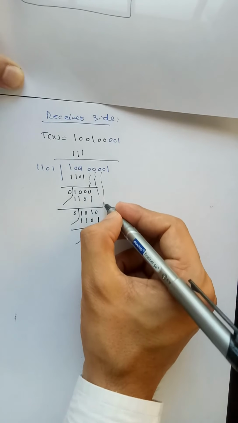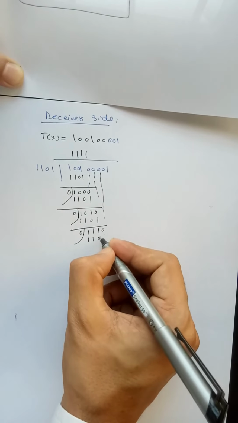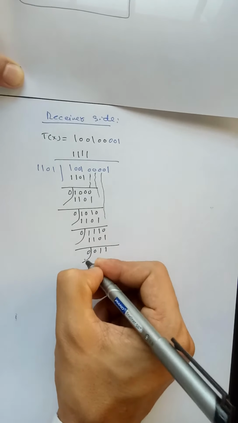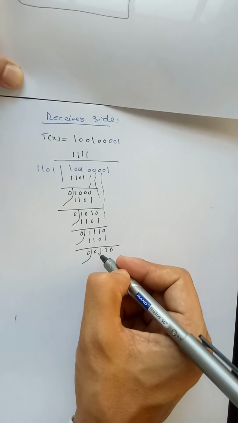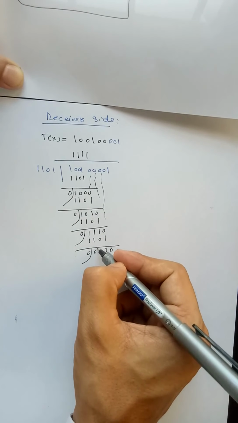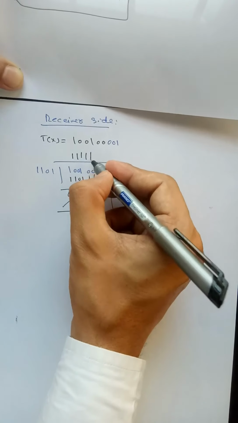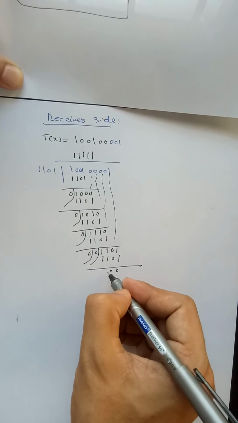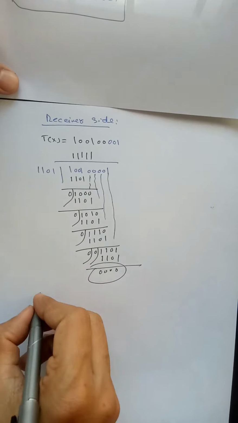Discard this 0, and you can bring this 0 here. Again 1 1 1 0 1, so 1 1 0 0. Discard 1 0, and you can bring 0 here. Again you can discard the other 0, and then you can bring 1 here, and then you can divide: 1, so 1 1 0 1, so 0 0 0 0, no remainder, so there is no error.